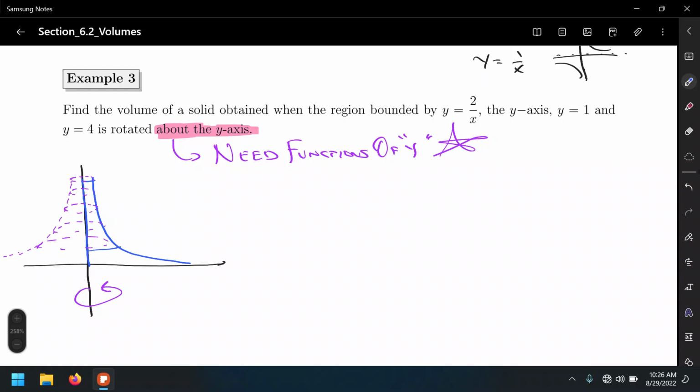Multiply both sides by x to get xy equals 2, and x equals 2 over y. Essentially the same function, just interchanging the letters x and y.